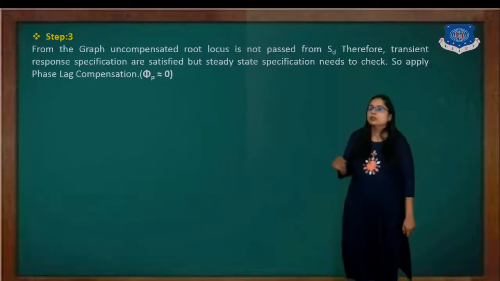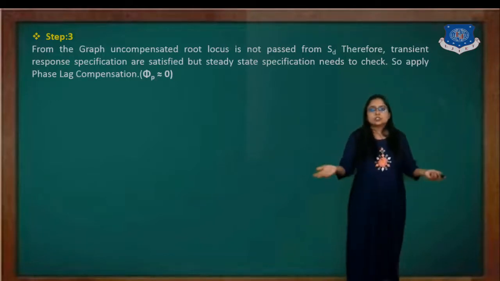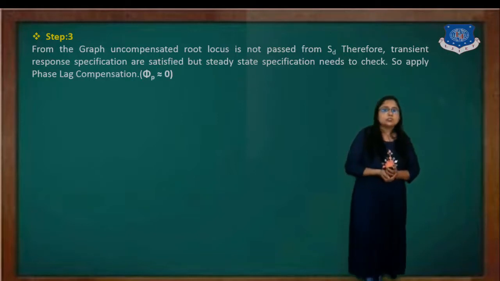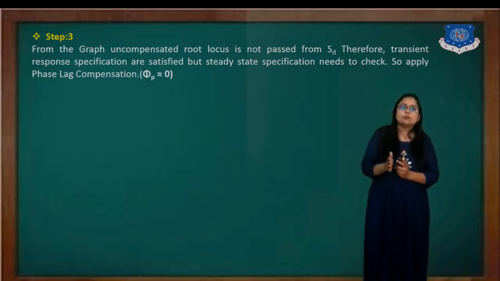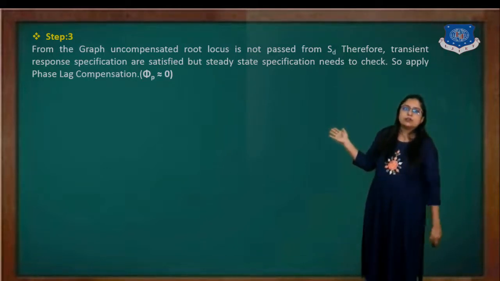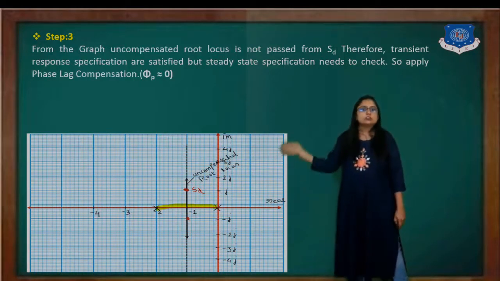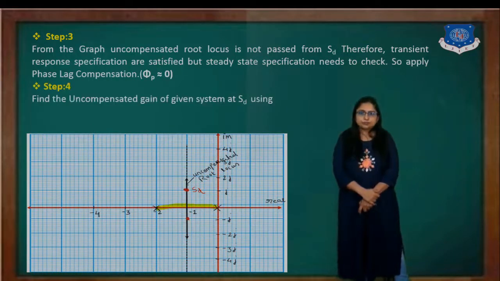From the graph, the uncompensated root locus passes through SD. Therefore, the transient response specifications are satisfied and phi p equal to 0. So this problem is for the lag compensation.